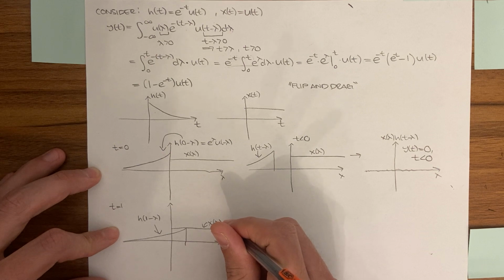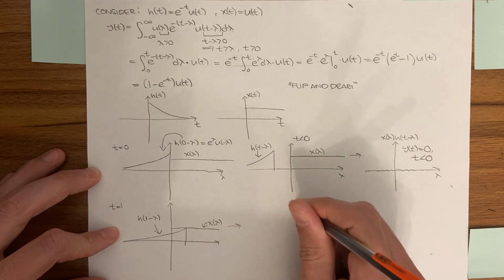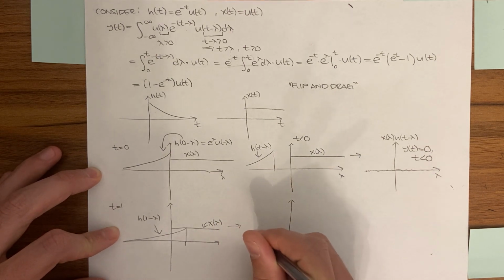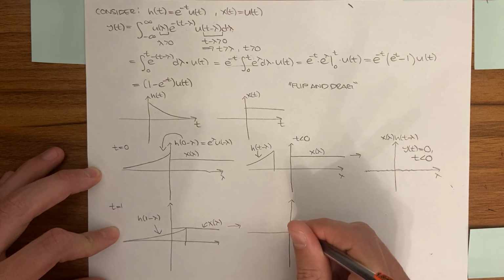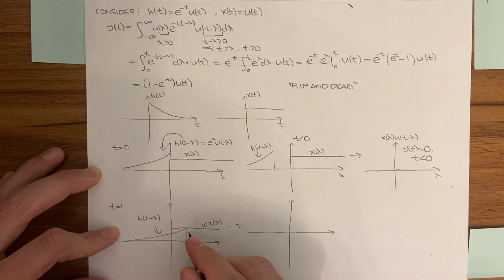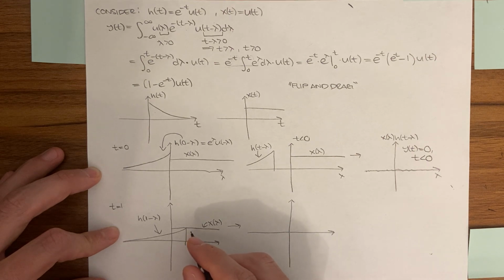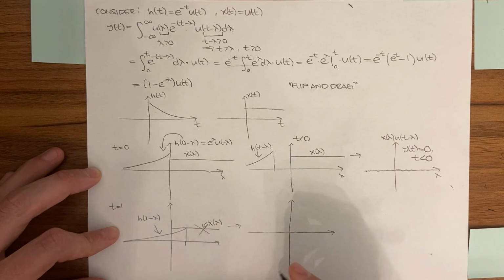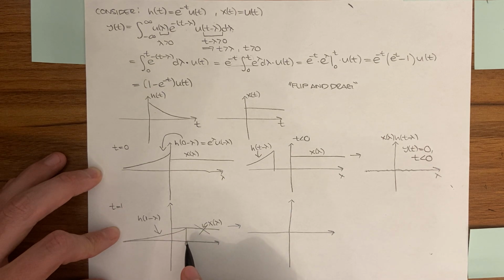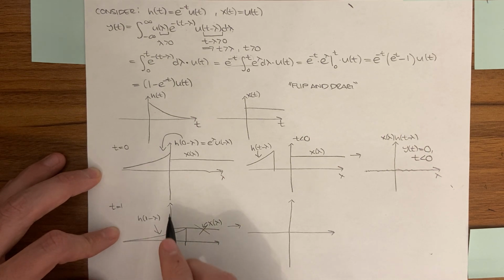When you multiply these together, anywhere there's no overlap or interaction gets canceled out. It goes to 0, because h of 1 minus lambda is 0 where lambda is greater than 1, and similarly on the left-hand side, anything where lambda is less than 0 goes to 0 as well.